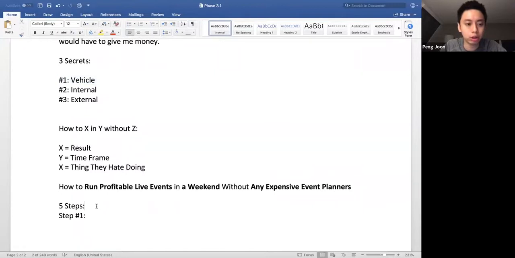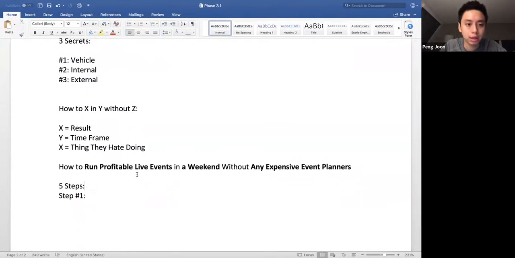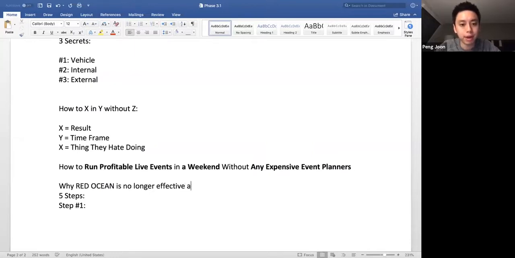Or it would be: why red ocean is no longer effective and why you want to be doing blue ocean instead. Okay, here's another copywriting hook.